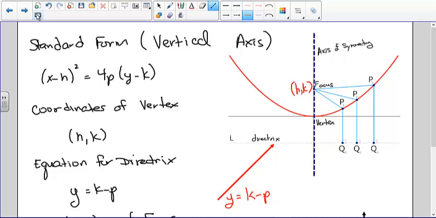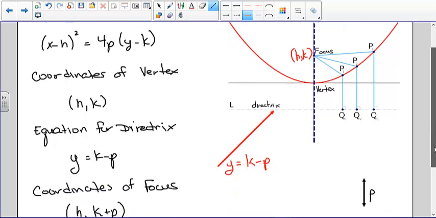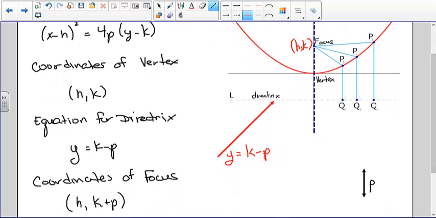And then finally, the coordinates of the focus point are the x coordinate of the vertex, and instead of taking k minus p, you take k plus p, because they're going opposite directions. The directrix is this way and the focus is that way. So that's why the sign changes.